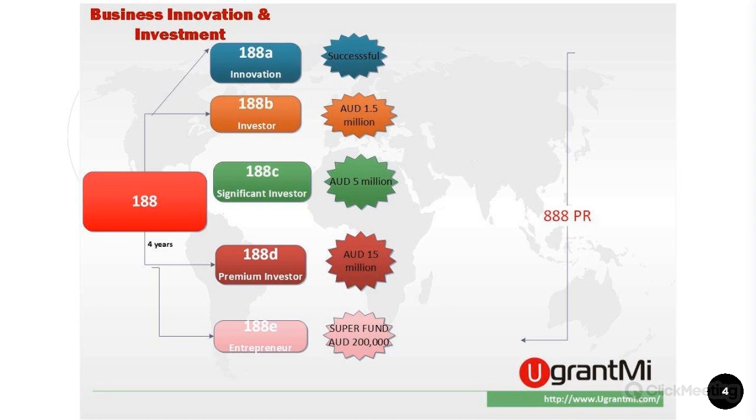The 188C, this is really a good one because with this visa the client invests Australian dollar 5 million to an investment bank. Investment bank can be various, so if you want to find out which bank you should approach, ask me about this.